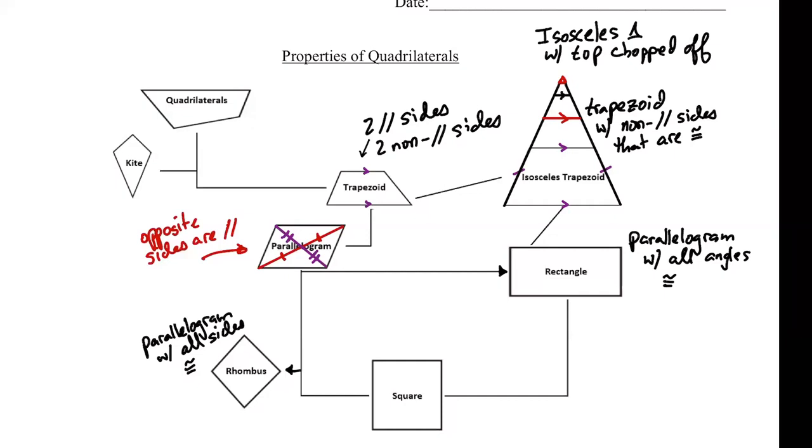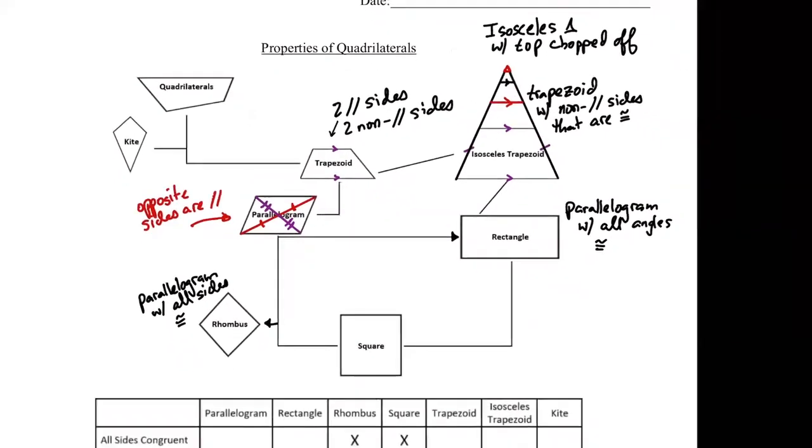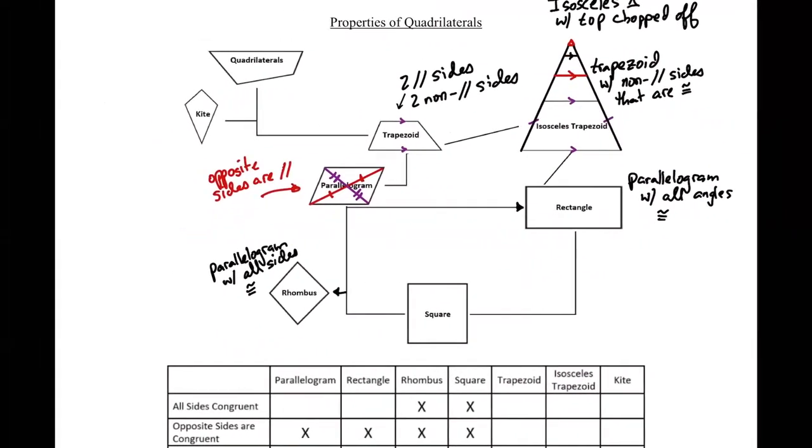In order to make a parallelogram into a rectangle, all the angles have to be congruent. Now, in order to make a square, it has to be a parallelogram with all sides and angles congruent. So all sides congruent and all angles congruent.